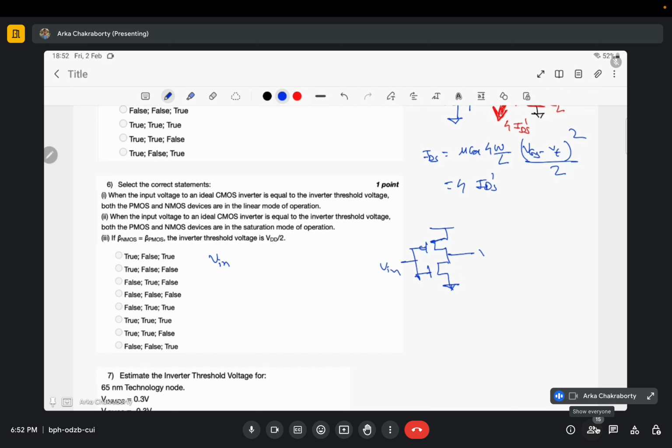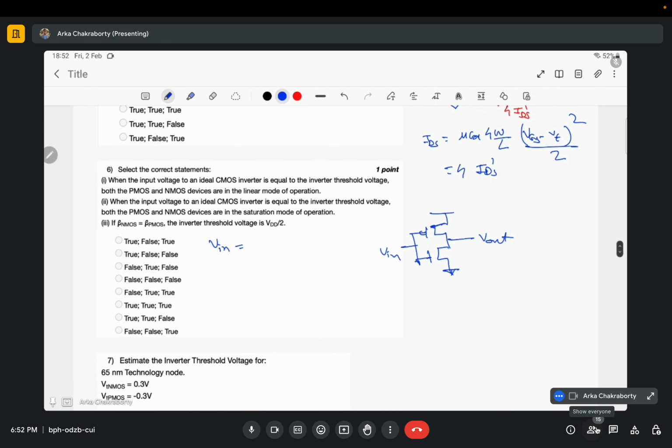It is given my V input is equal to the inverter threshold voltage. That is generally, for a symmetric inverter, VDD by 2. When the input voltage to an ideal CMOS inverter is equal to the inverter threshold voltage, both PMOS and NMOS devices are in linear mode of operation.